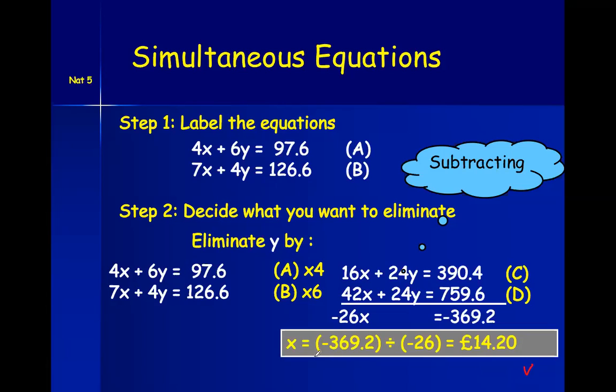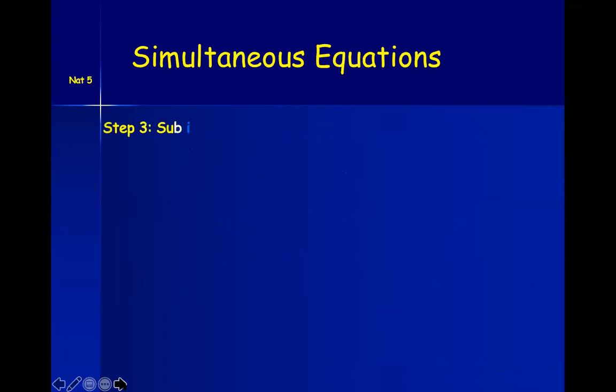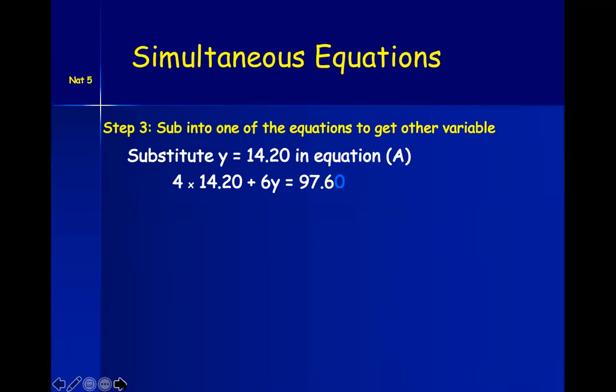Okay, so we've got a price for the adult. Adults are paying £14.20. Now to find the price of a child, we just sub into one of them. So I'm going to sub it into equation A. So 4 times 14.20 plus 6y equals 97.60.